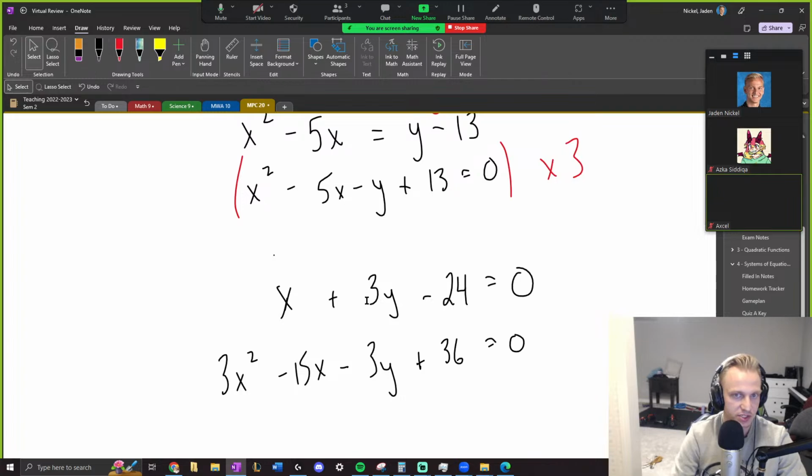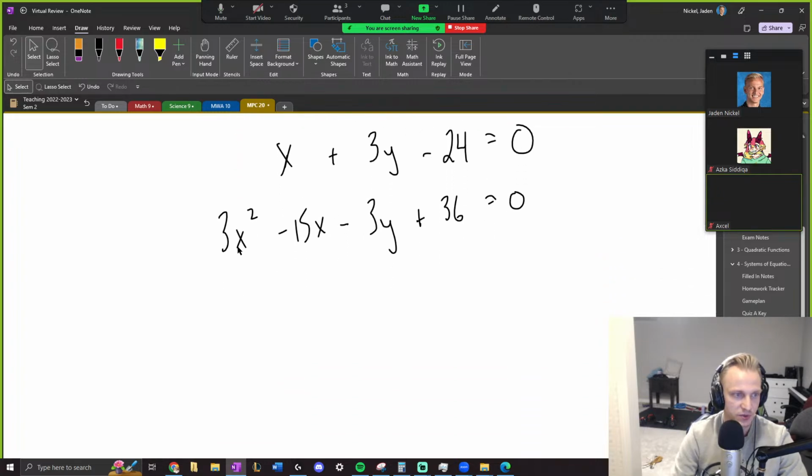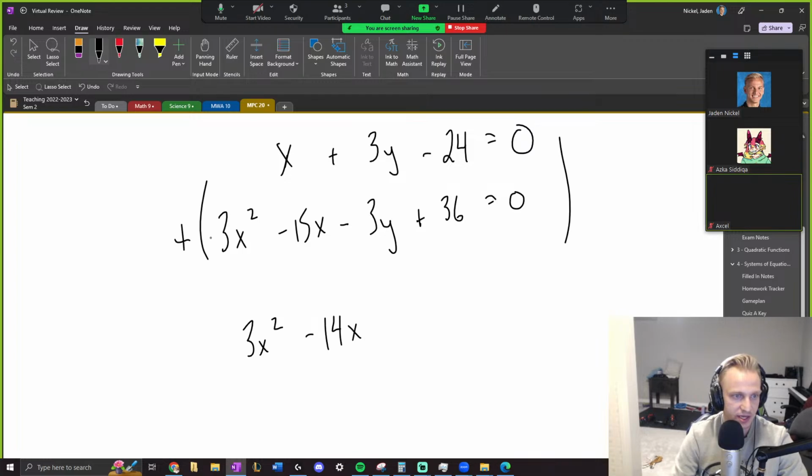Those should be the two equations. So then if you add these two equations up, you end up getting 3x squared minus 14x plus 12 is equal to 0.